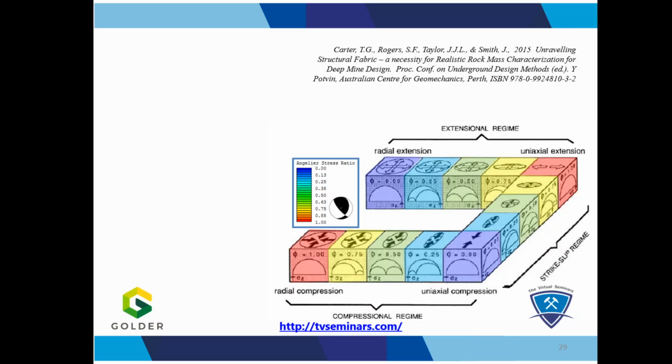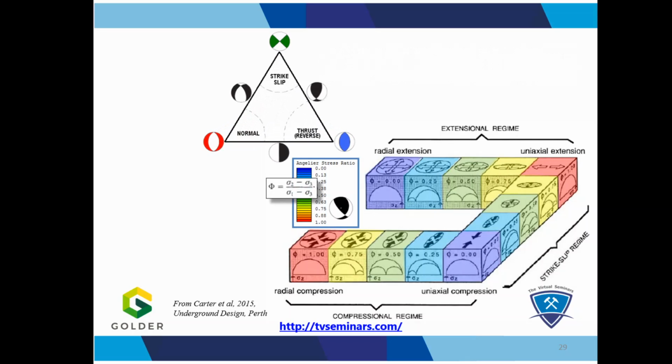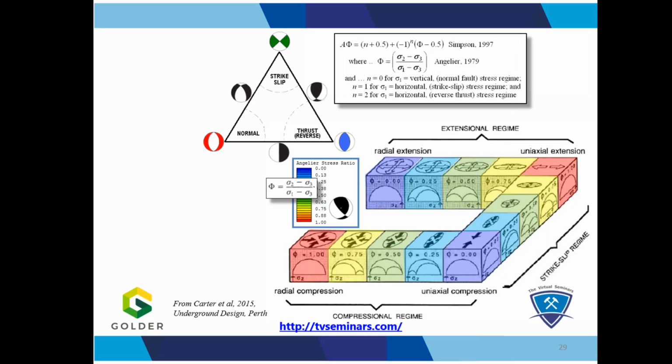When we're thinking about our regional stress conditions, we are looking at a variation of orientation of the major principal stress. And depending on where we stand, we may be in a situation with a normal stress vertical, or in a thrust situation where the horizontal stress is the maximum magnitude, as it often is in North America and Scandinavia and other places in the world.